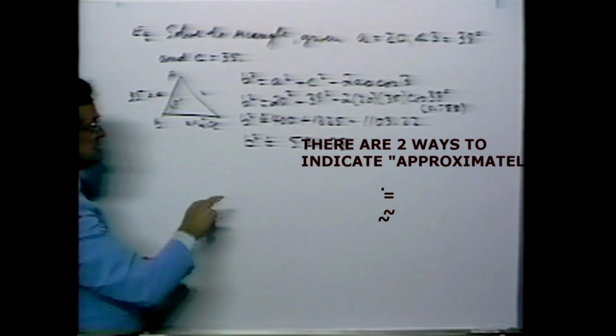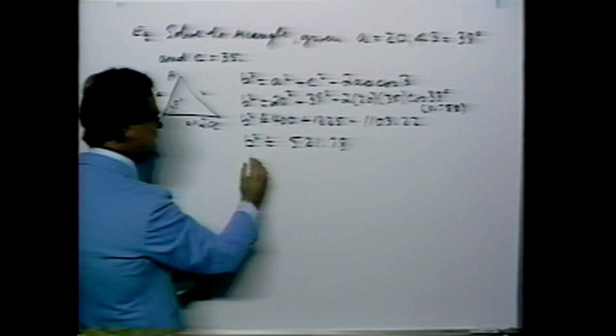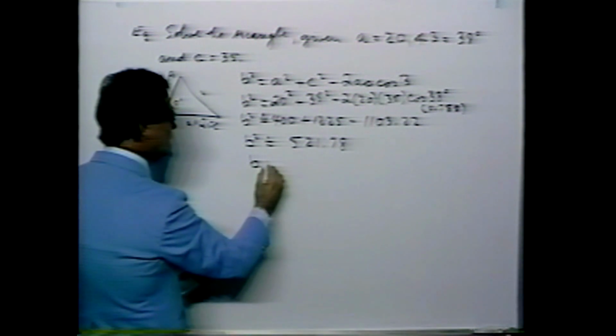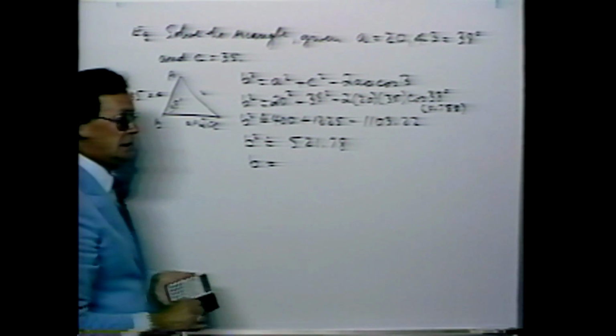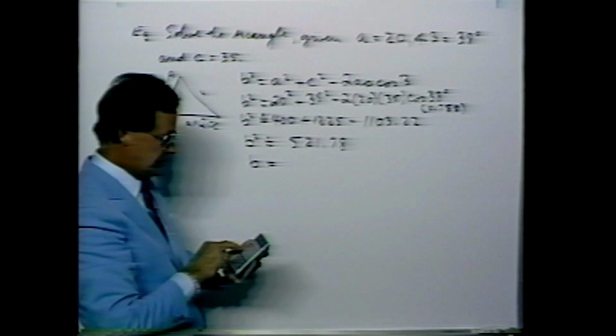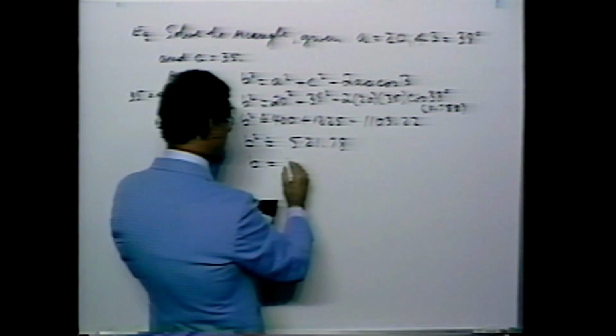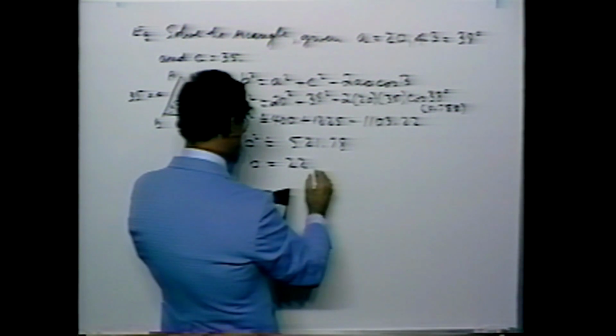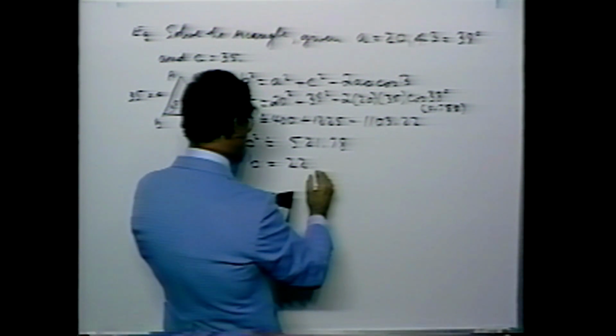approximately. Now this, notice, does not give the value of b, but rather b squared. What we must do now is take the square root of that amount, then we will have the length of b, which is approximately 22.843.